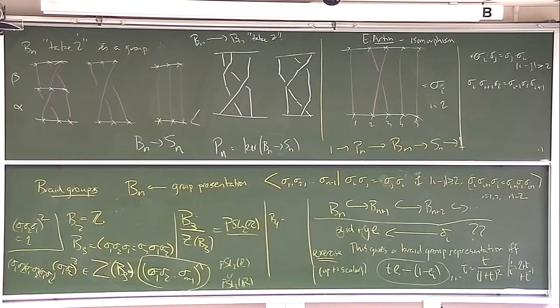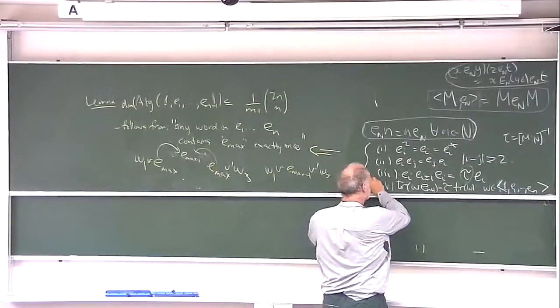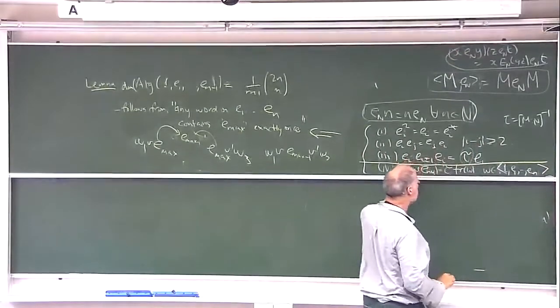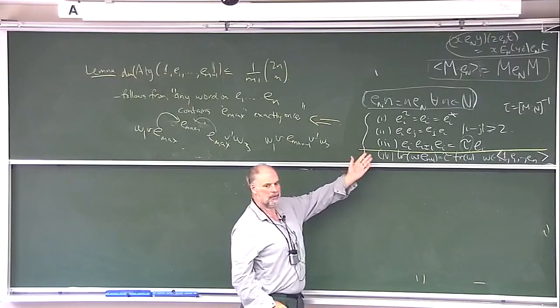Okay, so now let's see how it interacts with this homomorphism that we defined, these unitary representations that we defined inside this algebra called the Temperley-Lieb algebra. Well, the fact is that we have so far used only the relations 1, 2, and 3.